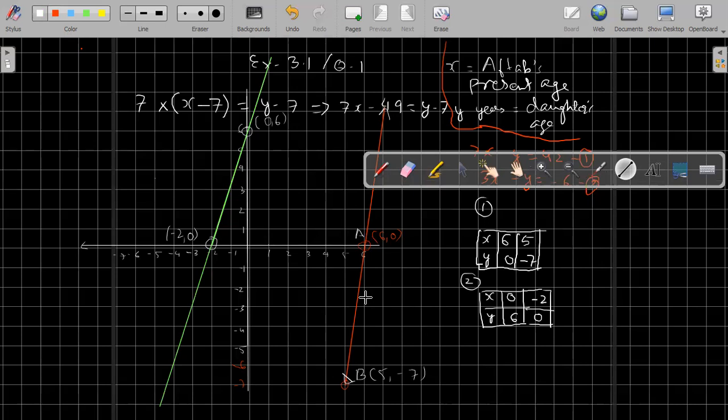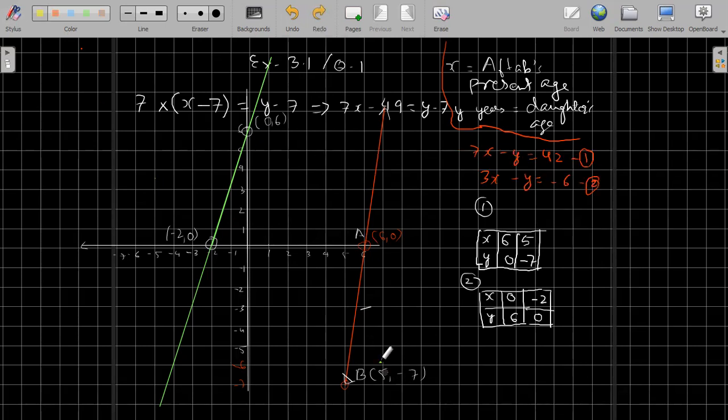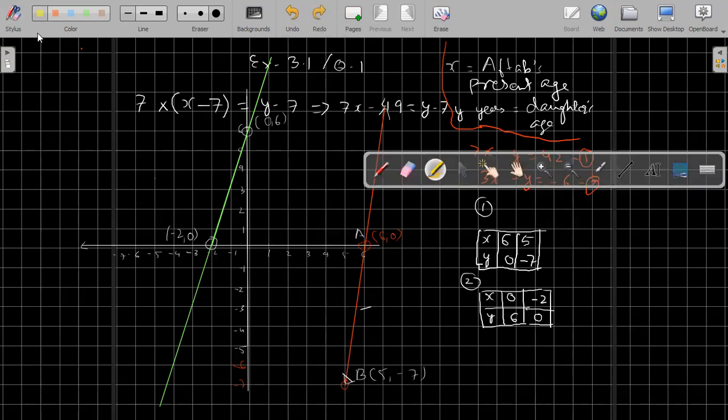This is the first line. So you have to draw one arrow here and represent the equation, so that the examiner can understand that you have drawn this line for the equation number 1, and this line is for the equation number 2.